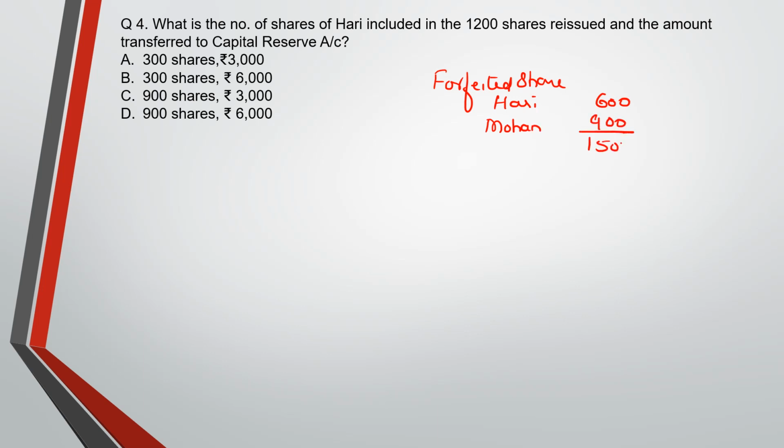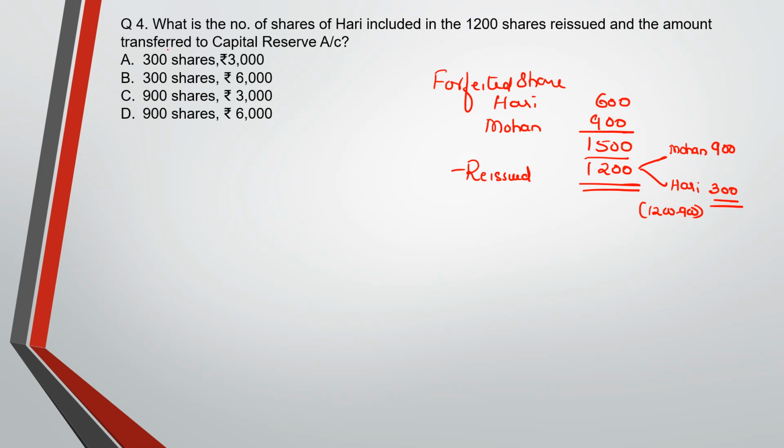Therefore, 1,500 were totally forfeited, but reissued is 1,200 shares. In that 1,200, they said whole of Mohan's share has been reissued, which means 900 related to Mohan. That means the rest is related to Hari. Out of 1,200, if we remove 900, then what is related to Hari? It is 300 shares. So 300 shares is the answer. But here we have A and B both having 300 shares.